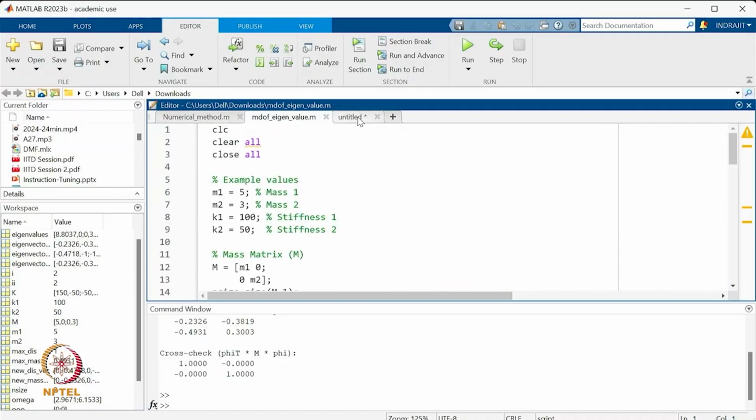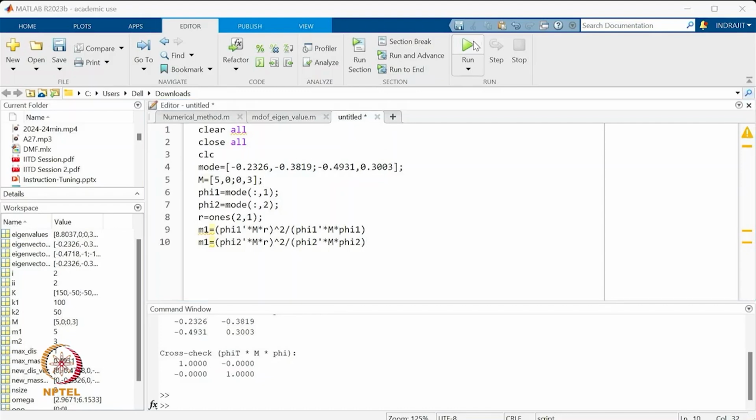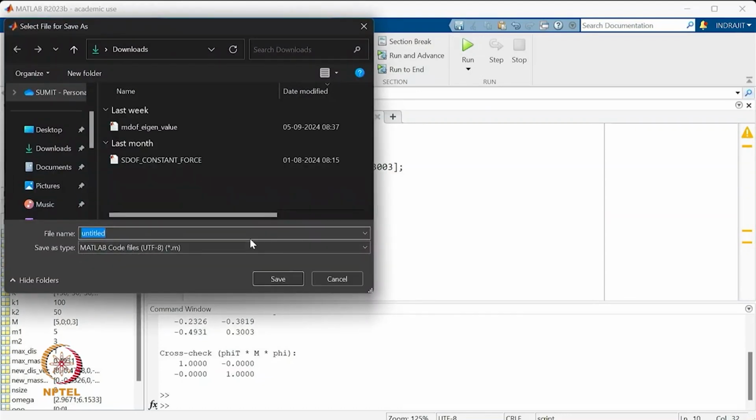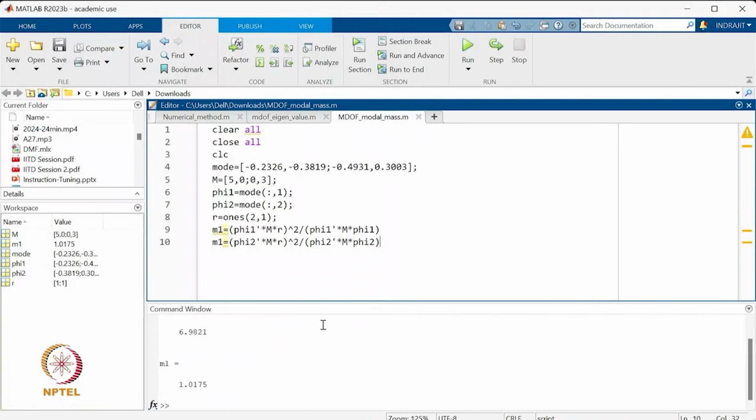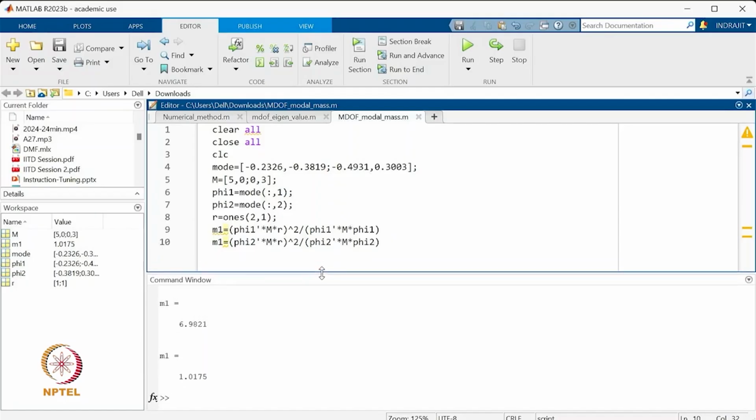Yeah, 5 0, 0 3. Okay, done. So now let's see. That is the MDOF modal mass. Sorry, in both cases I wrongly put M1.